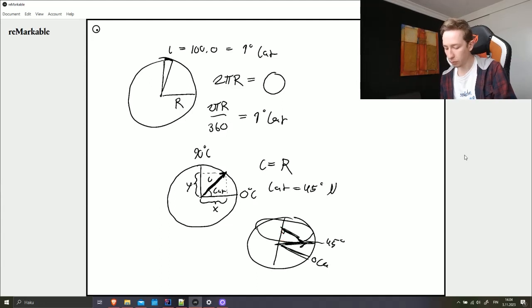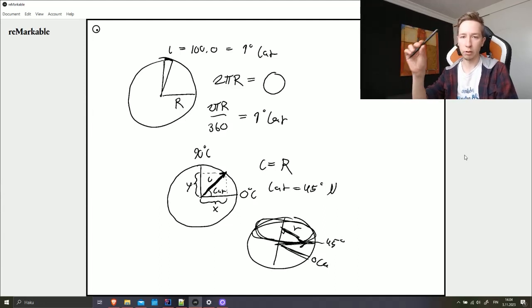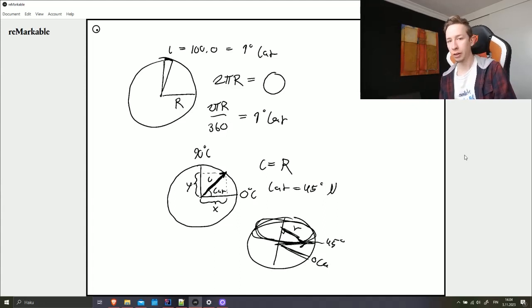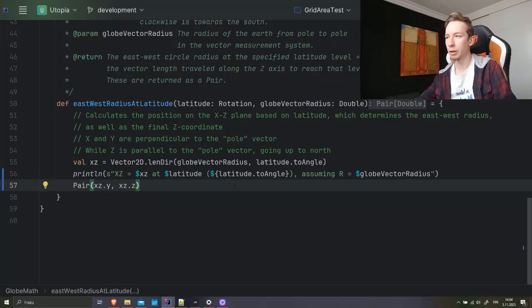So this returns the little r, which determines the circumference at that level. So the circumference of the east-west ring changes whenever we change our latitude. It's really impractical, you know. Why in the world are we using an angle-based system that has changing coordinate systems? I don't know. Why don't we have any better system? Well, maybe we can create one.